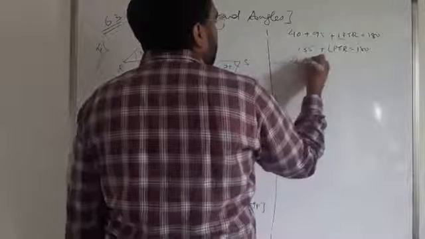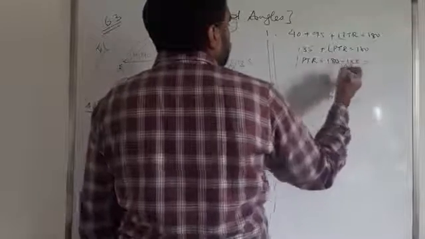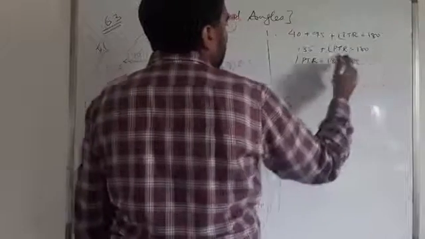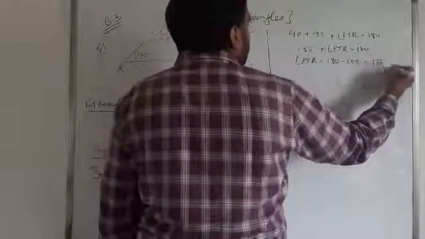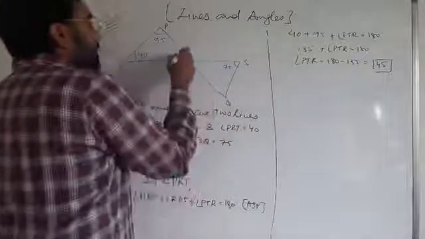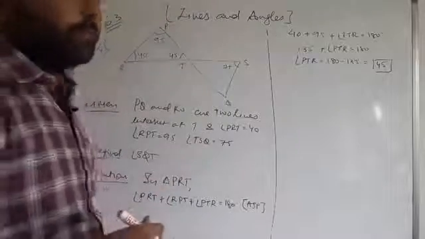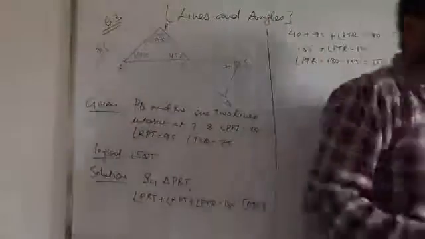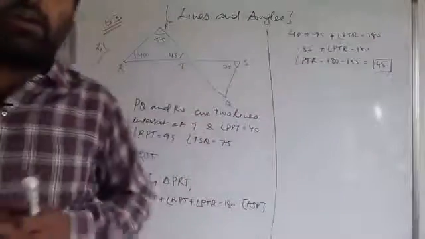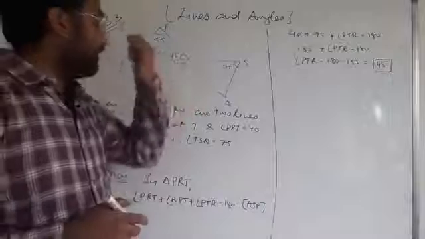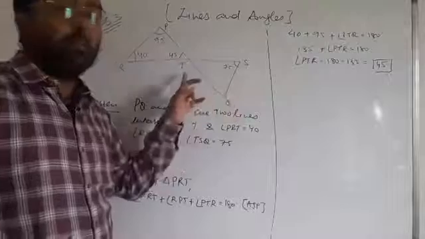Therefore angle PTR is equal to 180 minus 135, that is 45 degrees. Our PTR angle is 45 degrees. Clear? Now we need to find angle SQT.